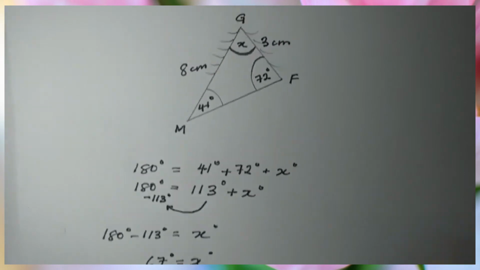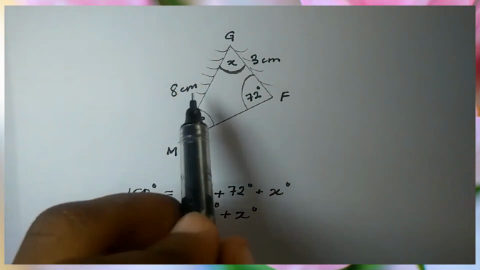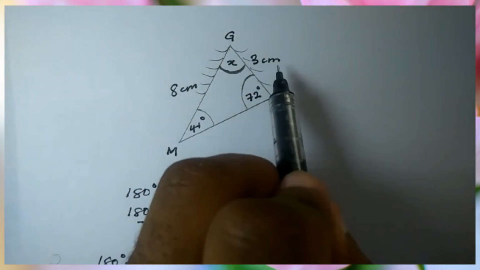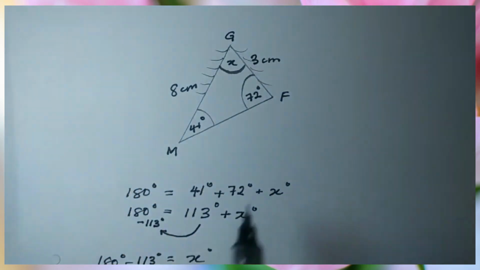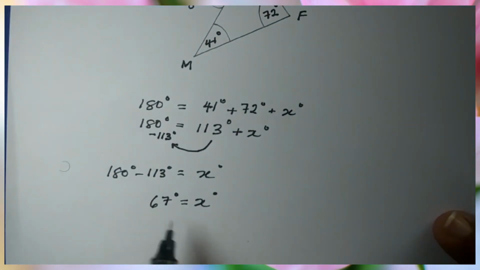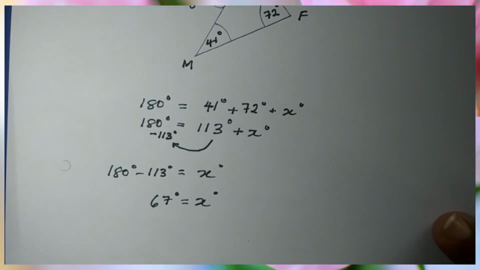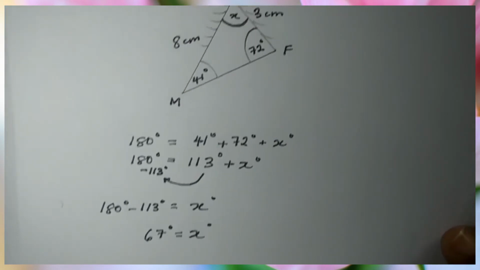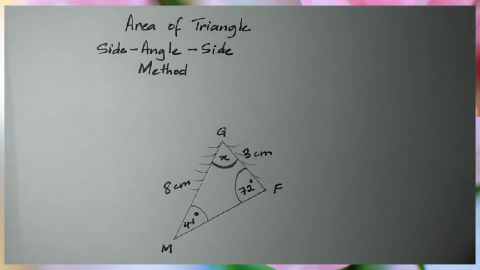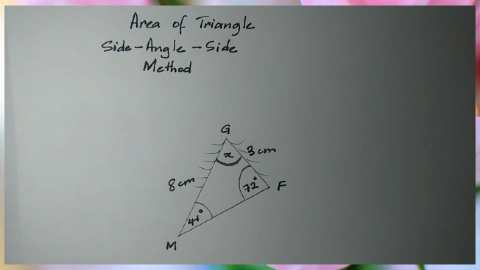So I know my eyeball measurements. It's going to be 8 centimeters, 3 centimeters, and my x, which I just found, which is 67 degrees. Now remember, when we're using the side angle side method, we use a different formula.